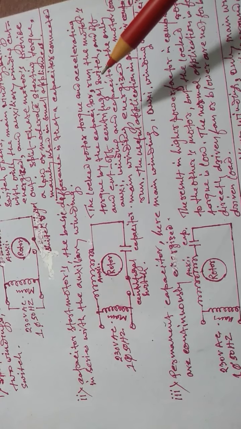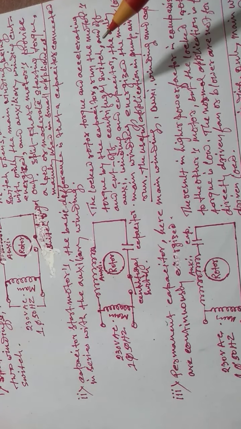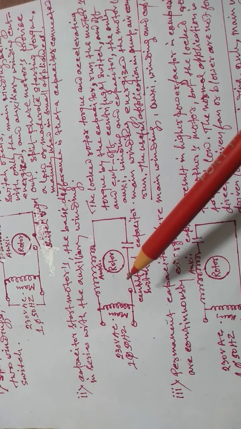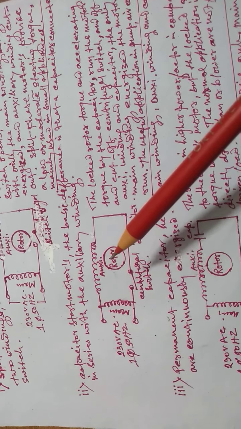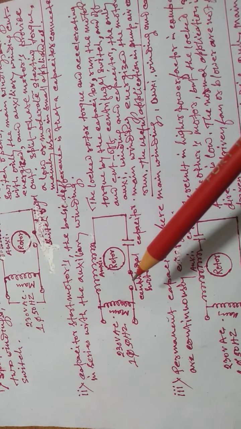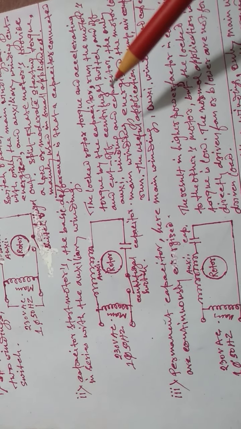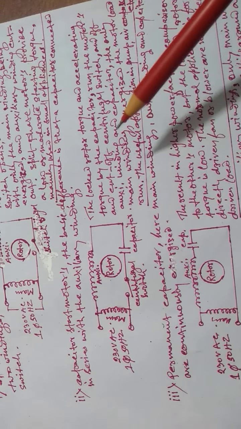Here, the motor runs and the centrifugal switch cuts off the auxiliary winding. In the motor start condition, the centrifugal switch is closed. After acceleration of torque by the capacitor, the motor runs and the centrifugal switch cuts out.